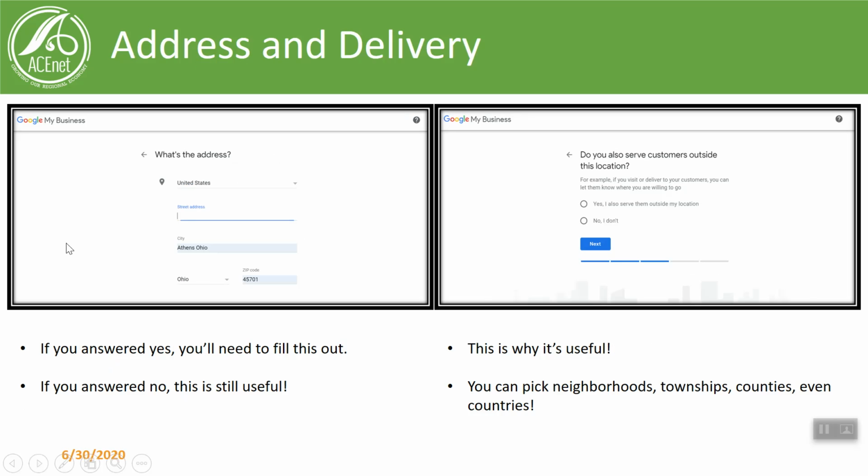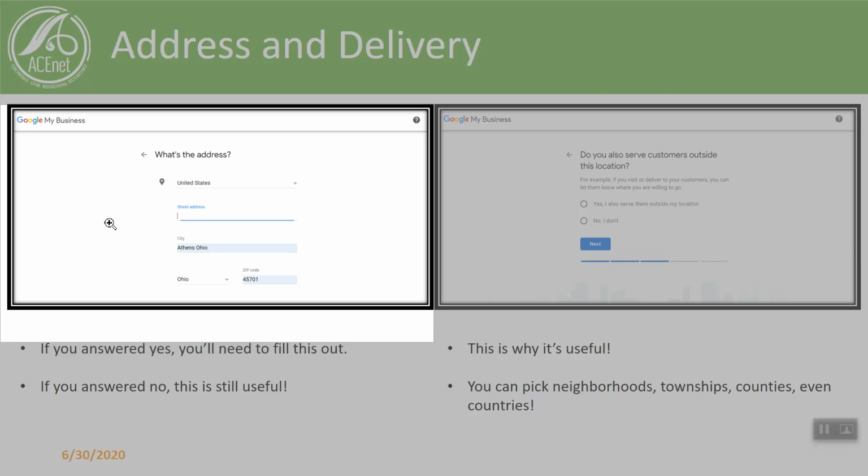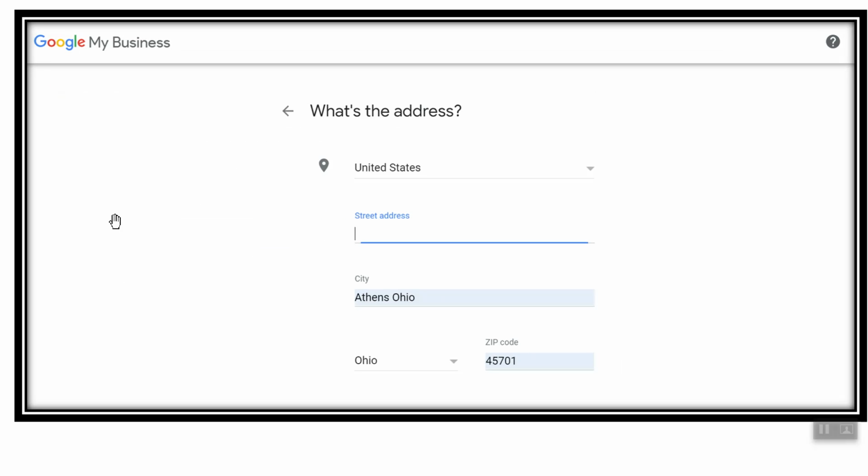The next is going to actually ask you for your physical location. Now, initially when I was doing this, I was thinking to myself, well, I don't want everyone to know where I live. But you'll see there's so many slides with my address on it that if you're really interested in finding me and Meow Meow Business, well, you'll be able to.